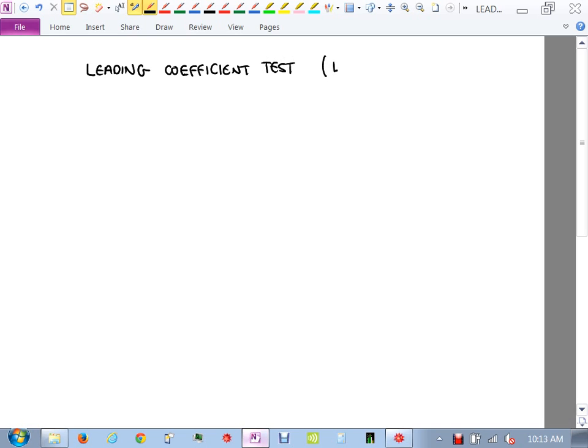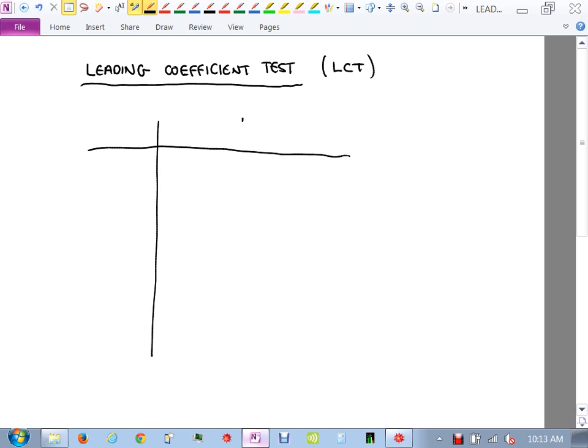And I will abbreviate this LCT. It's the leading coefficient test. And here's the way that I will present this test to you. I'm going to draw it in the form of a table. And you're allowed to have a cheat sheet on the test, so I would recommend that you put this table on your cheat sheet.